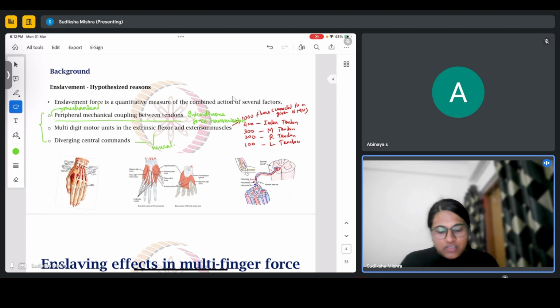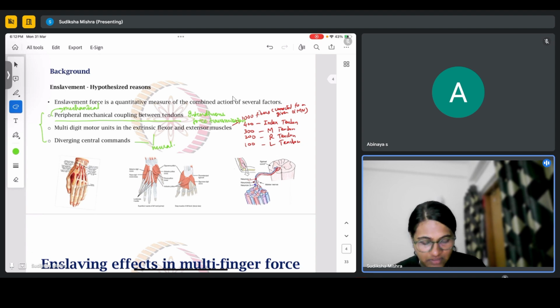are neural. So the second hypothesis is that enslavement is due to multi-digit motor neurons in extrinsic flexor and extensor muscles. What it essentially means is that if there is, say, a bunch of fibers that are connected to a given motor neuron, these fibers might diverge and connect to different digits.